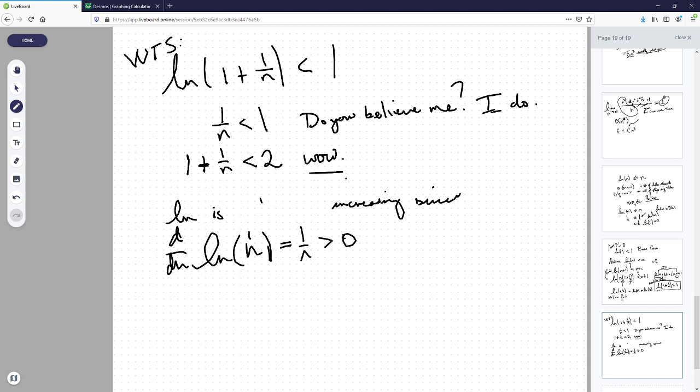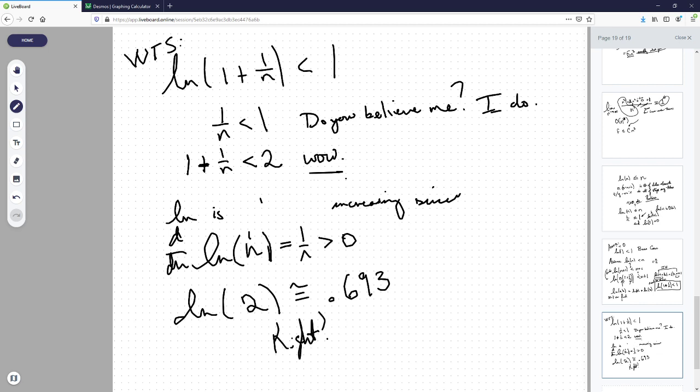so here's all we need to know. The natural log of 2 is approximately 0.693, right? All of you who have that memorized? So because the natural log of 2 is approximately 0.693, here's the good news.